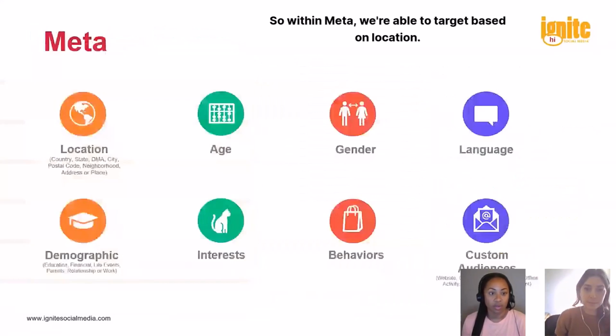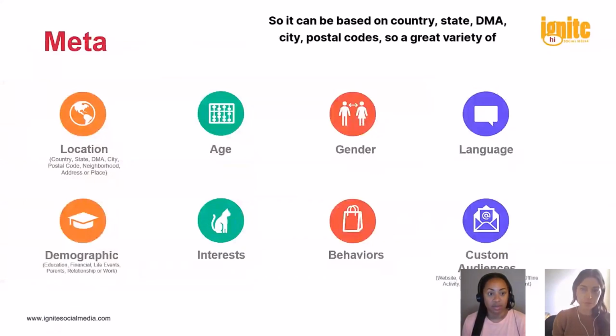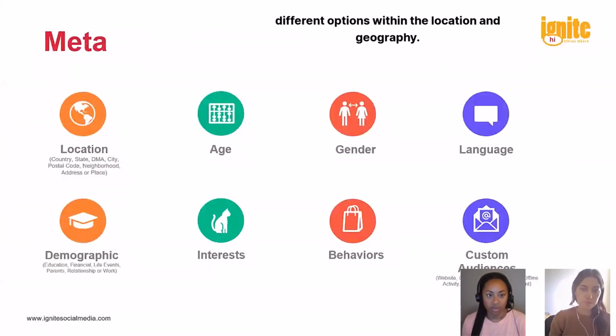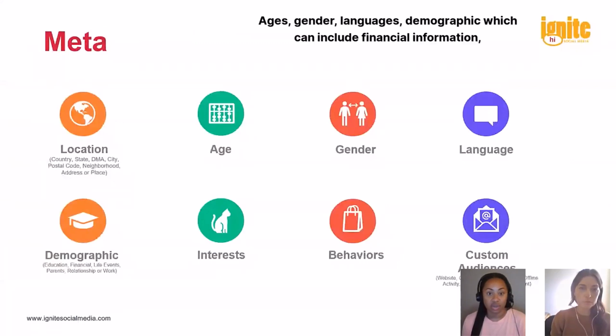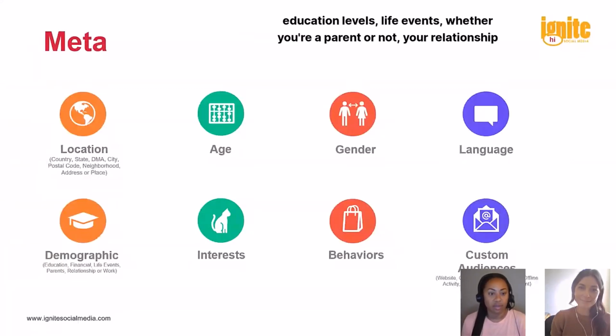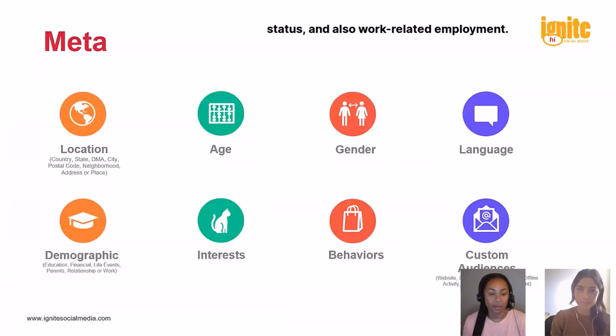So, within Meta, we're able to target based on location, and it's an array of different options there. It can be based on country, state, DMA, city, postal codes. So, a great variety of different options within the location and geography, ages, gender, languages, demographic, which can include financial information, education levels, life events, whether you're a parent or not, your relationship status, and also work-related employment information as well.